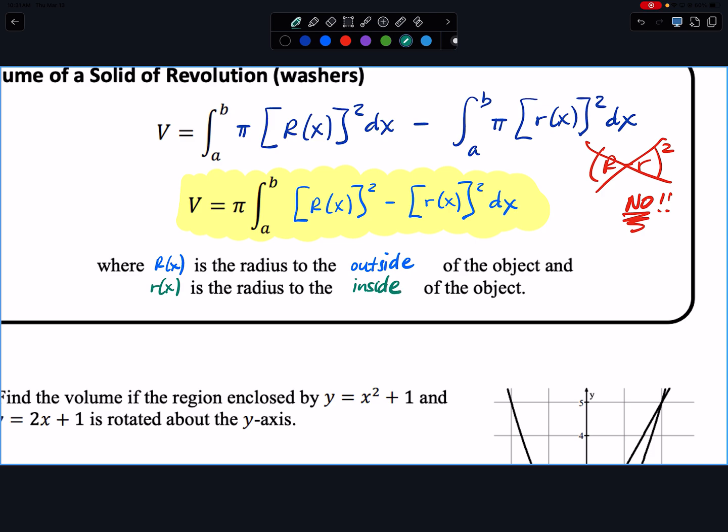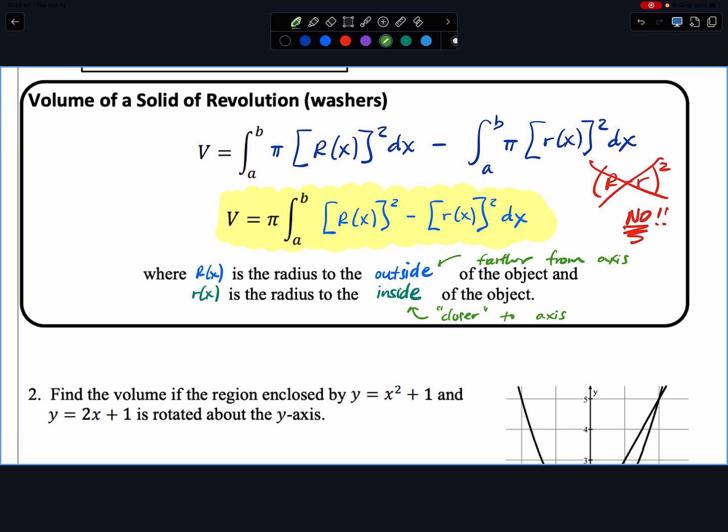What I want you to remember is this is the one closer to your axis, and this is the one farther from your axis. Okay? All right, so we're only going to do one problem, and then I'll let you practice.